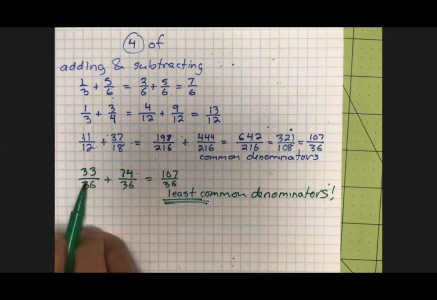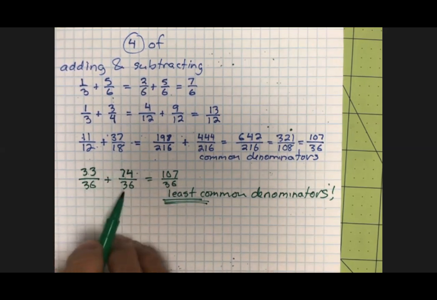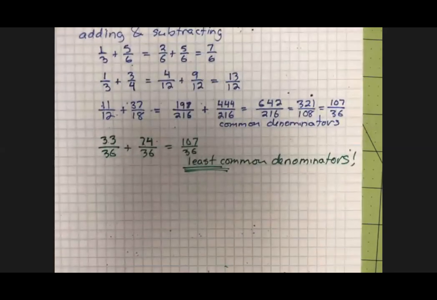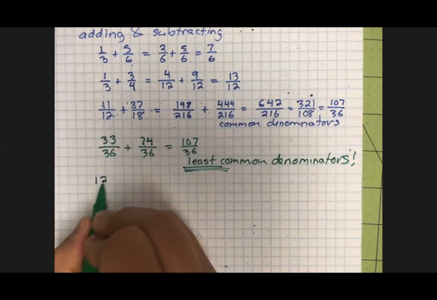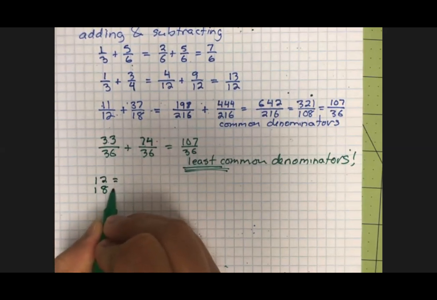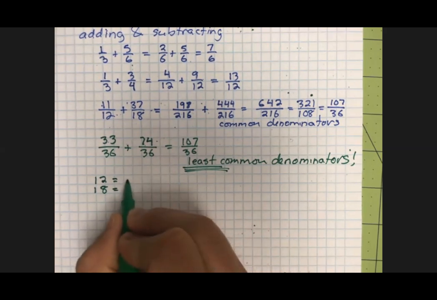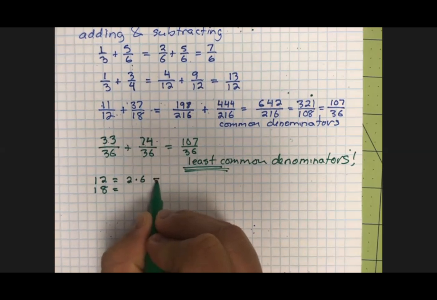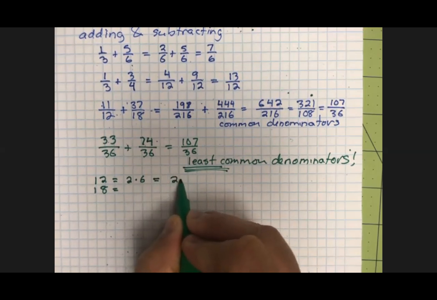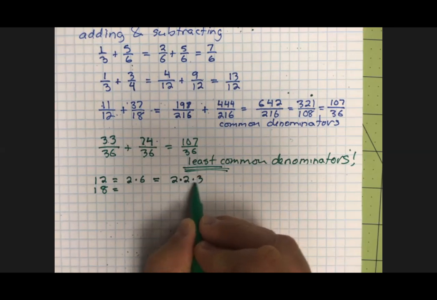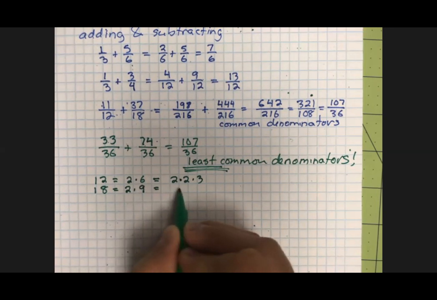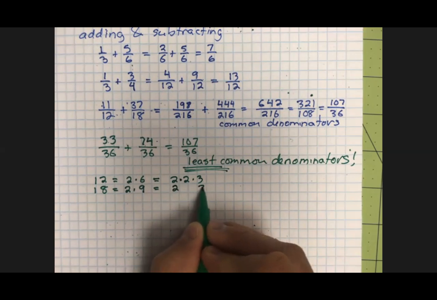Now the problem is you say, but I didn't see that 36. How did you know it was 36? And I'll show you how to know. Let's take 12 and 18 and break them down all the way. So 12 is 2 times 6, sure. And 6 is 2 times 3, right? 18 is 2 times 9, but 9 is 3 times 3.